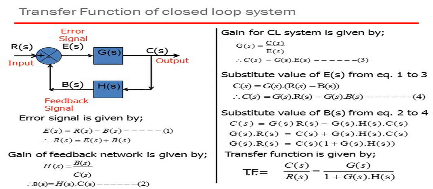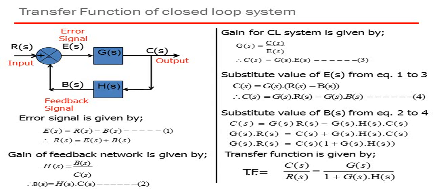Okay, so in equation number 2 the value of B of S is H of S into C of S. So by substituting it, we will get C of S is equal to G of S into R of S minus G of S into B of S, where B of S is given by H of S into C of S. In the next line, G of S into R of S is equal to C of S plus G of S into H of S into C of S.